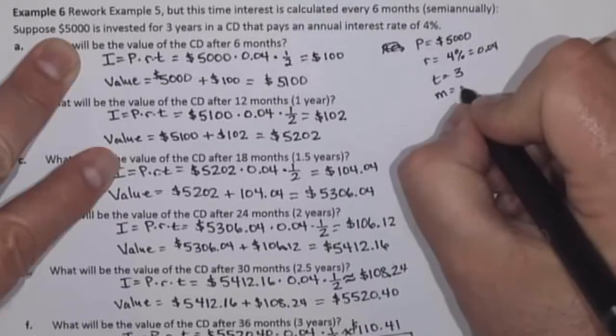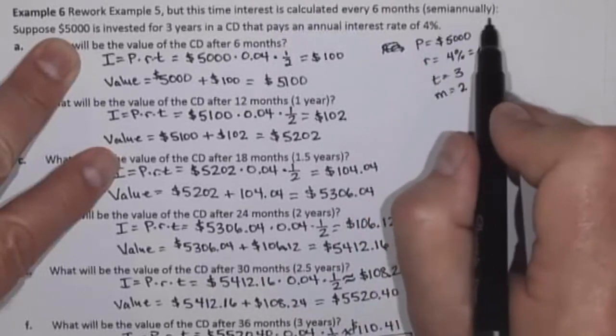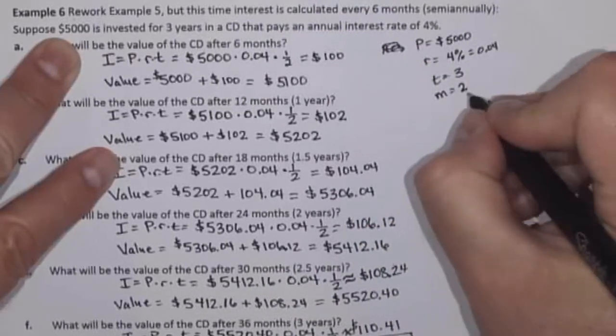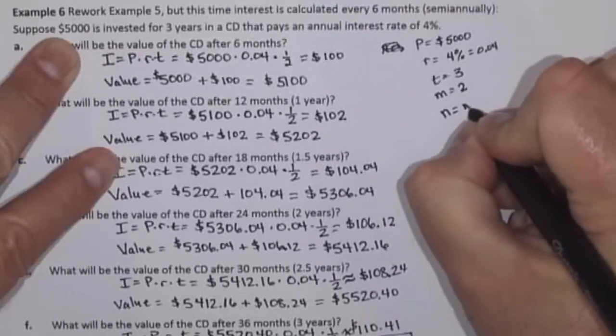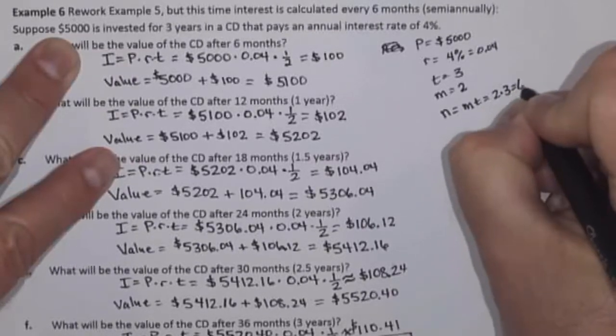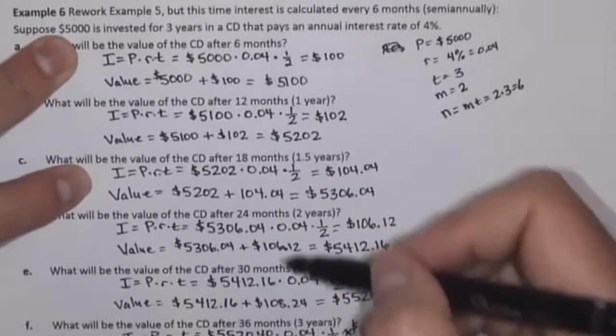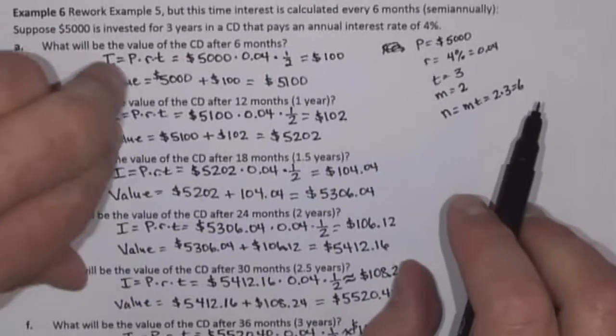M in this case is 2 because we're doing it semi-annually. We're calculating interest twice per year. And then the number of times that we calculate is going to equal M times T, so that is going to equal 2 times 3, which is 6. We had to go through this process 6 times. That's what N is. It's the number of times we're going through the process.